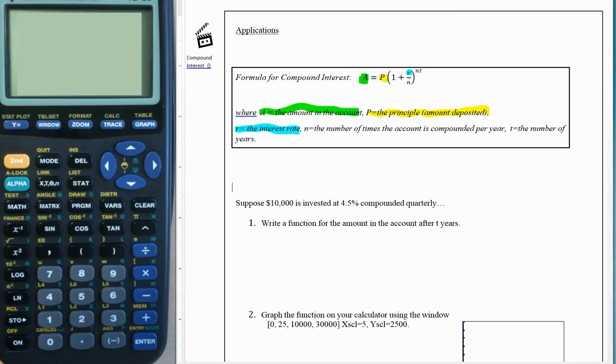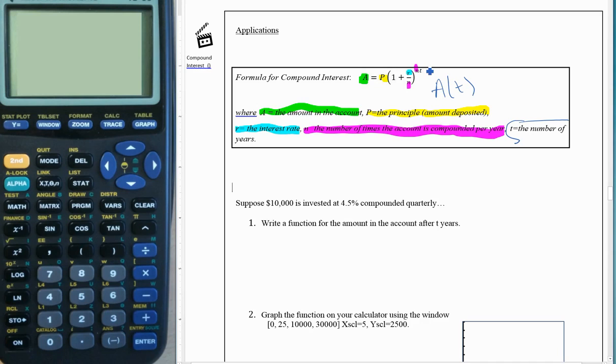Okay, N is the number of times it's compounded per year. So that's how many times per year they are adding interest to the amount in your bank account. And then T is the number of years. Okay, so we'll call this A of T. T will be like our X.